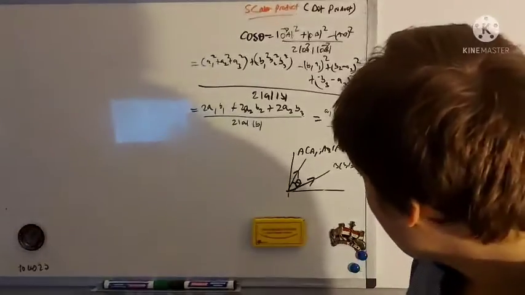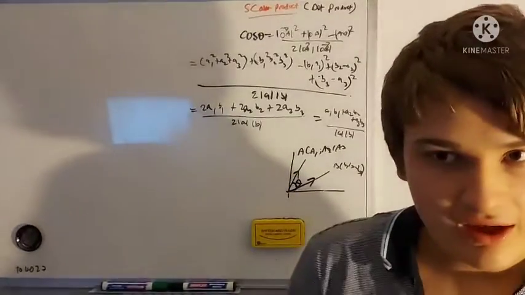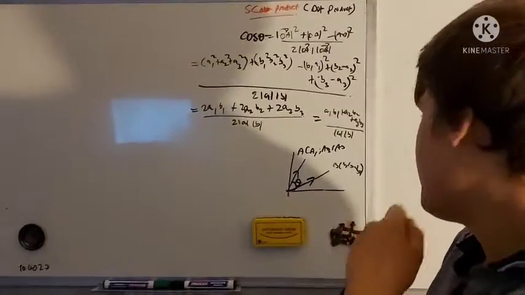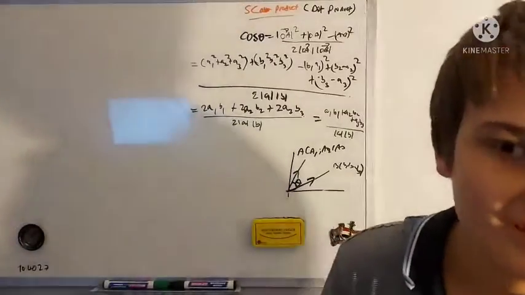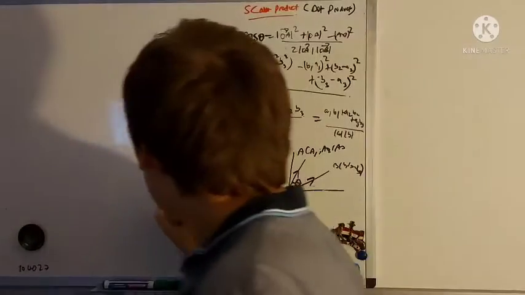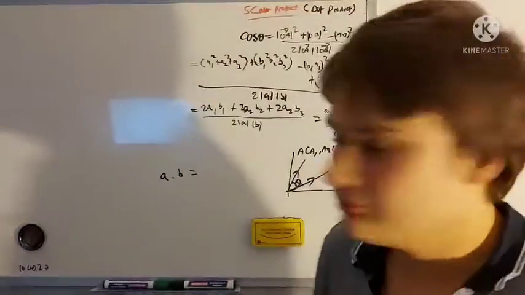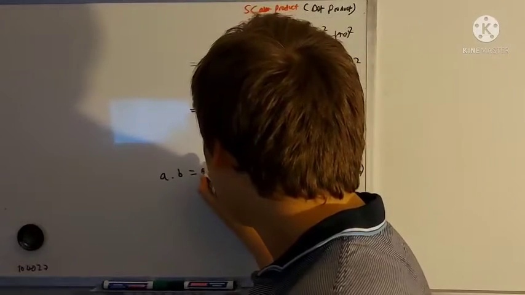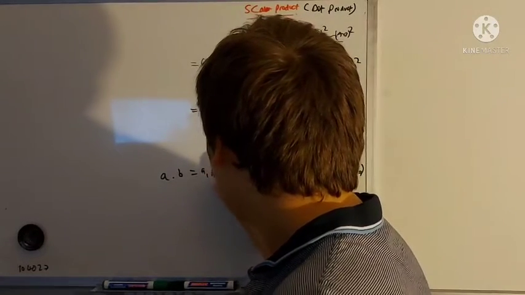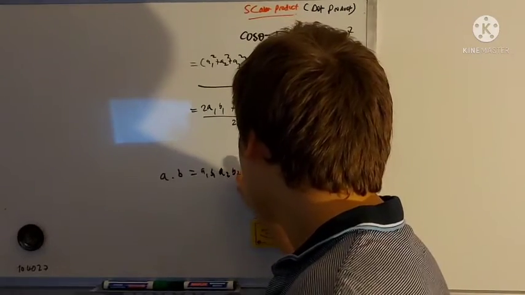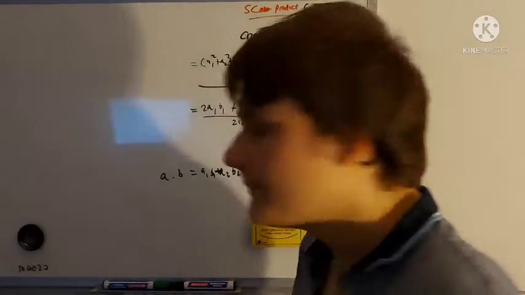Now what is A1 B1, A2 B2, A3 B3? Well, that is literally A dotted with B. That is A1 B1, A2 B2, A3 B3, added all of them up, yeah?